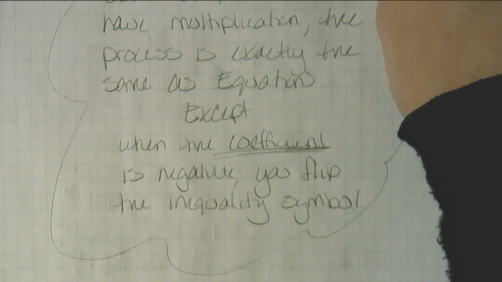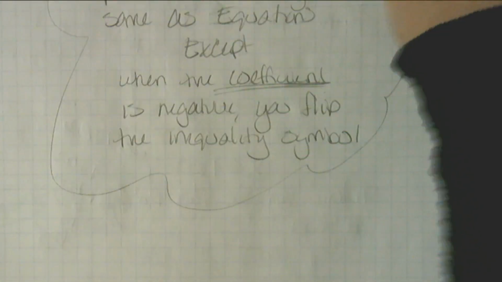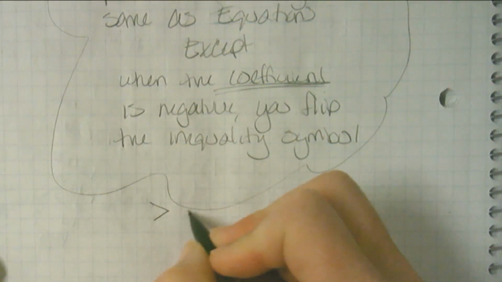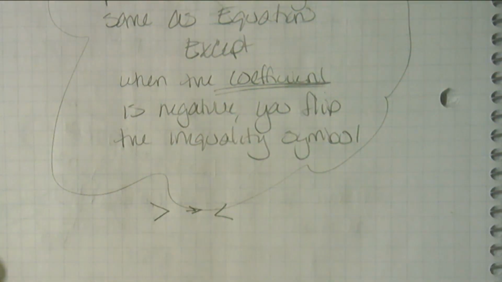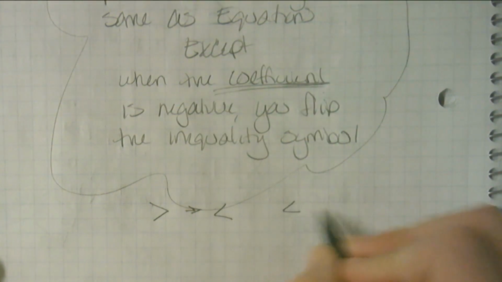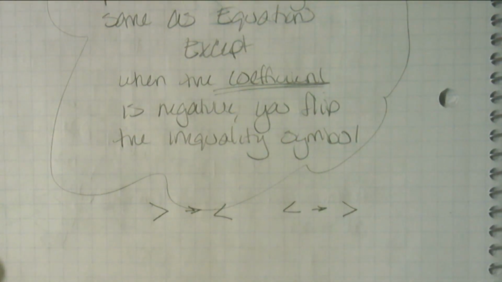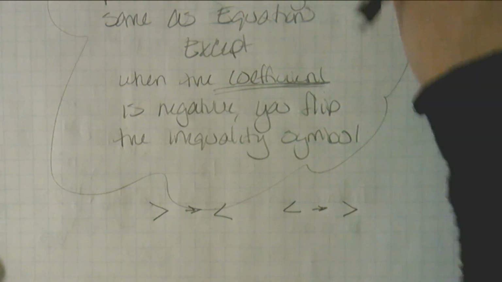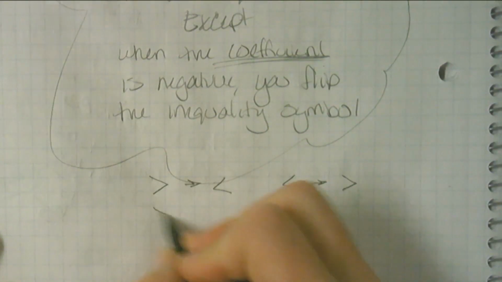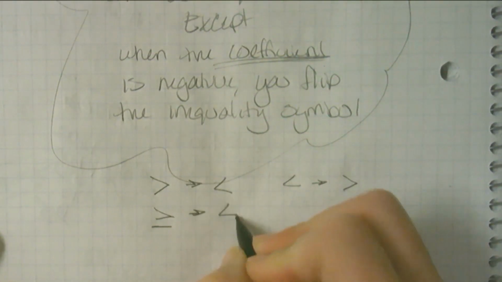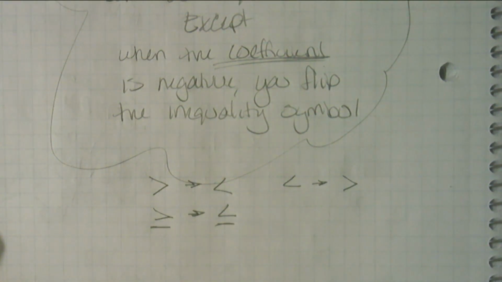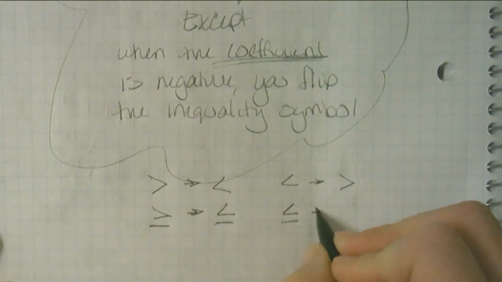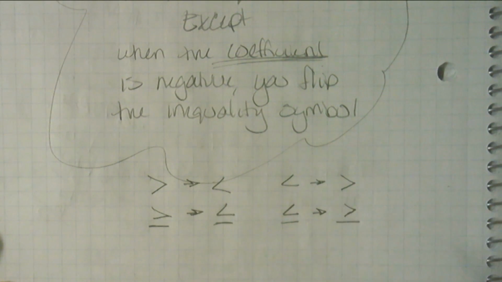All right, so what that means is if I have a greater than, it gets switched to a less than. If I have a less than, it gets switched to a greater than. Same thing with the equal to. If I have a greater than or equal to, it gets switched to a less than or equal to. If I have a less than or equal to, it gets switched to a greater than or equal to.